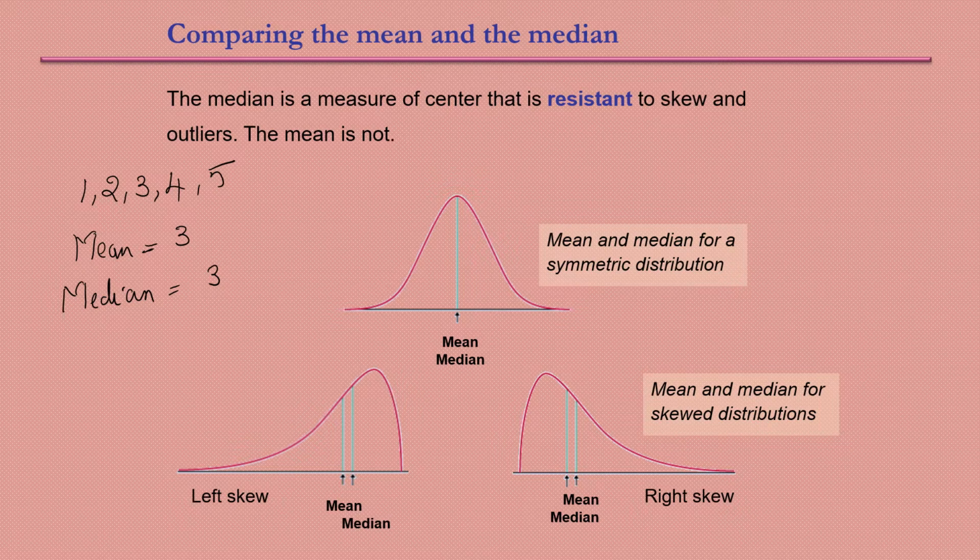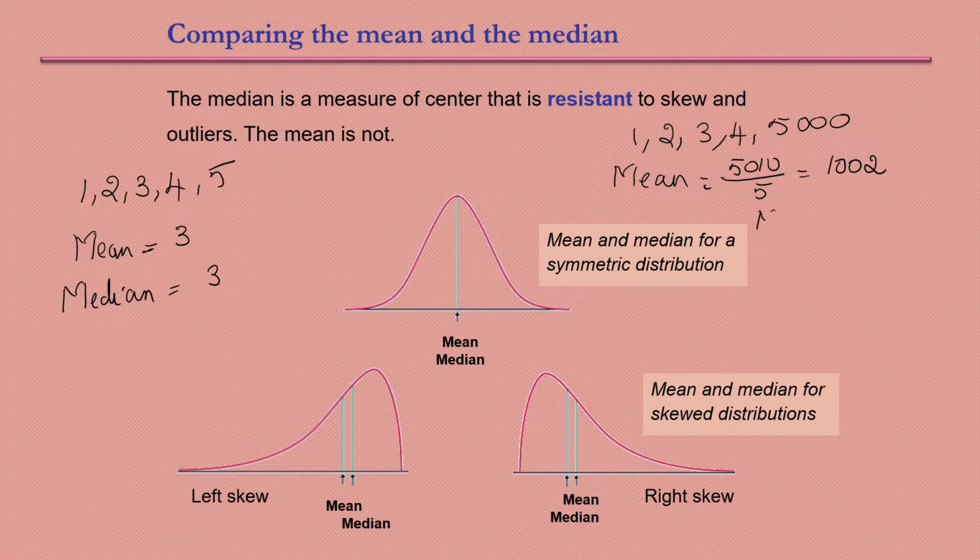Instead of this example, let us take another set of values, say 1, 2, 3, 4. Instead of 5, let us pick 5,000. So the mean in this case will be the total, 5,010, divided by the total number 5, and it is 1,002.